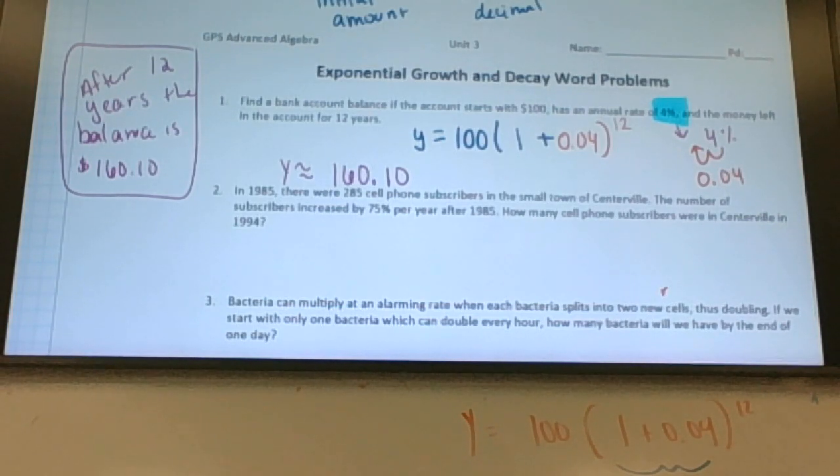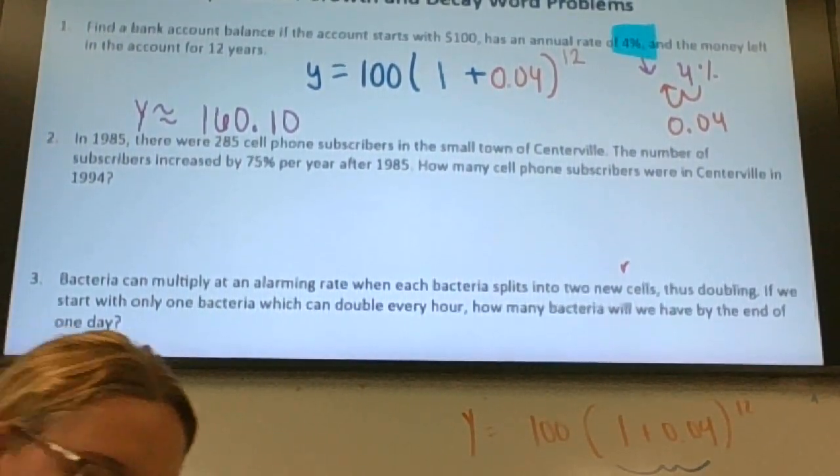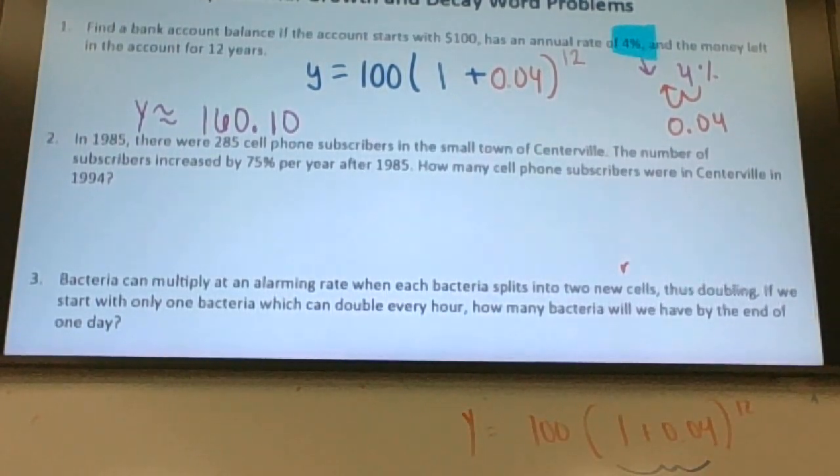So this is looking at 1985. That's probably when your parents were born. You know, give or take 5 to 10 years. All right. So back then, in this small town of Centerville, there was only about 285 cell phones.